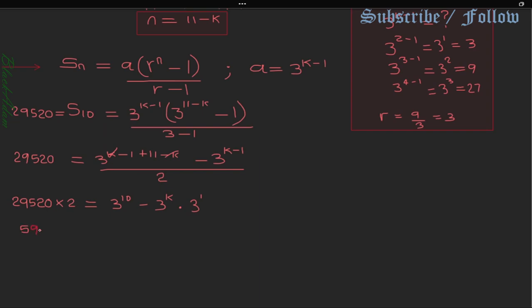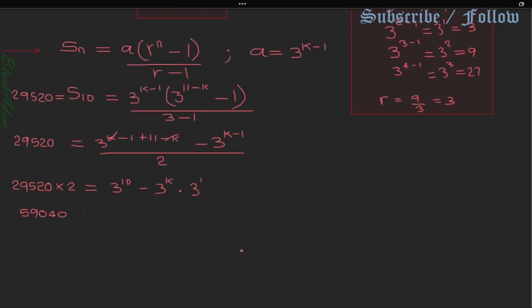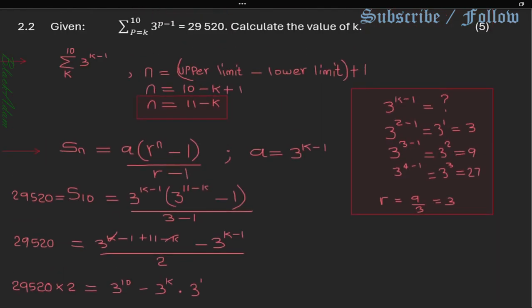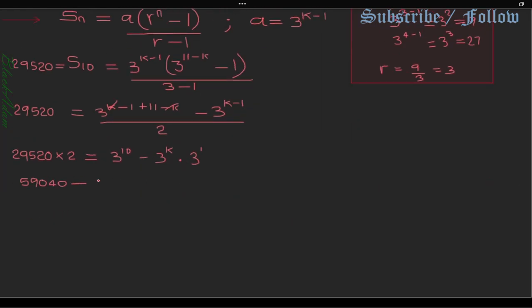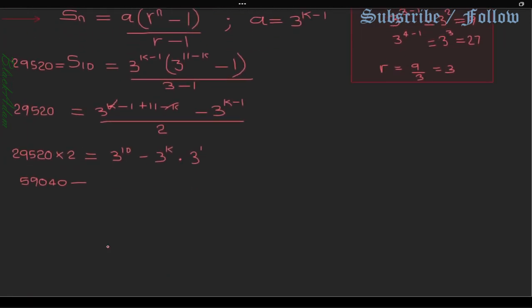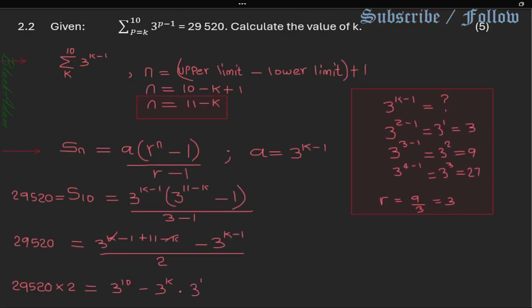Okay, when we multiply that by 2, that's what we get. So 3 to the power 10 should give us 59049, equals, yeah, that's -1 there.